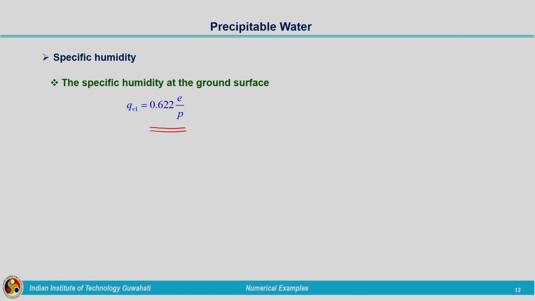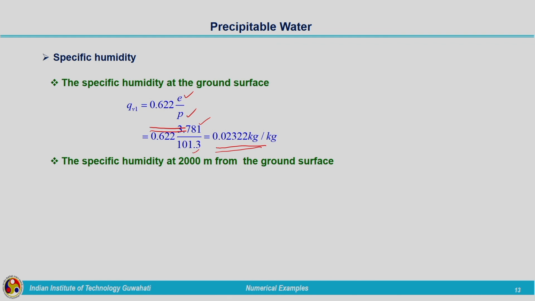Here we will substitute the values corresponding to vapor pressure and the total pressure, we will get QV1. So, those values are 0.622 multiplied by 3.781 divided by 101.3. It will be coming out to be 0.02322 kilogram per kilogram. It is unitless, dimensionless. It is specific humidity, right.